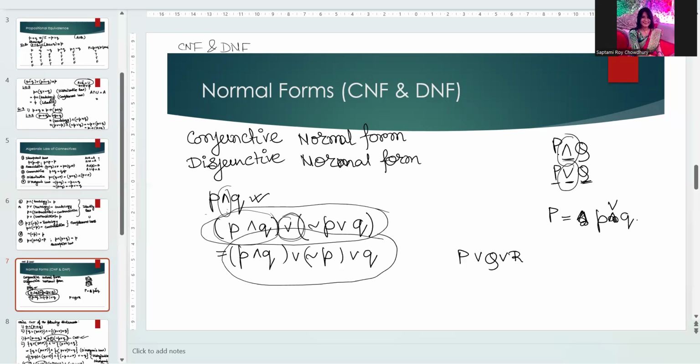P and Q, or P1 and P2, but this sign should be in between these two. Conjunctive means a conjunction is between two propositional functions, and disjunctive normal form means there should be a disjunction between two propositional functions.